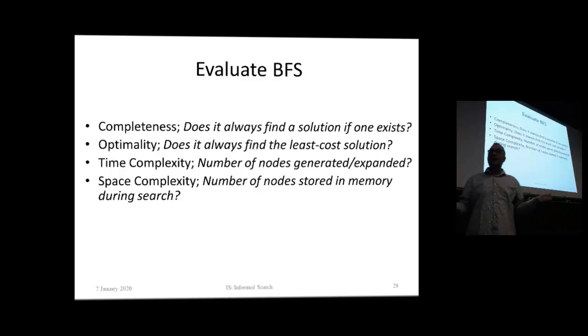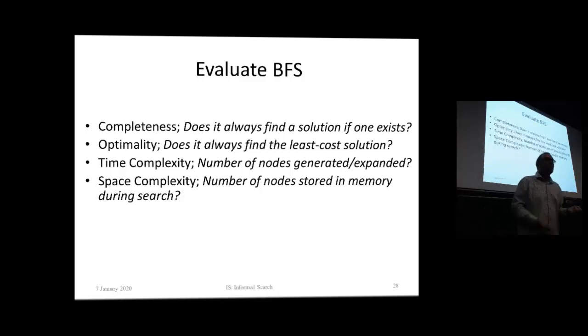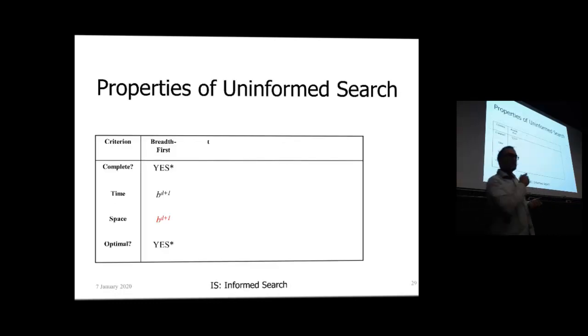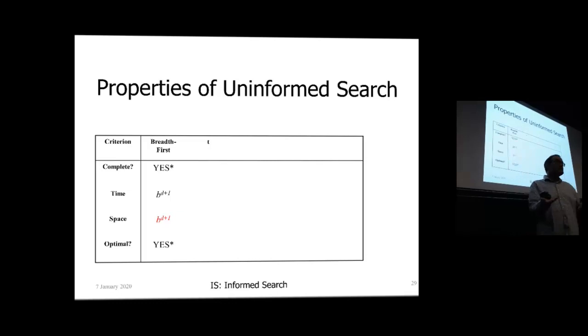So now let's evaluate breadth first search. The question is, does it always find a solution if one exists? And the answer is, there comes the table. Yes, it does under one condition, and that condition is that the branching factor is finite. So if I have finitely many choices in my decisions, then breadth first search will always find a solution. That is not always the case.